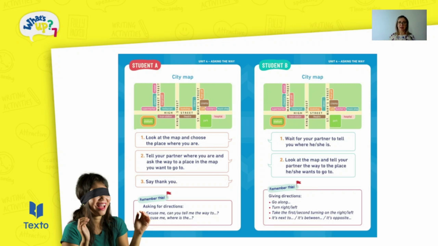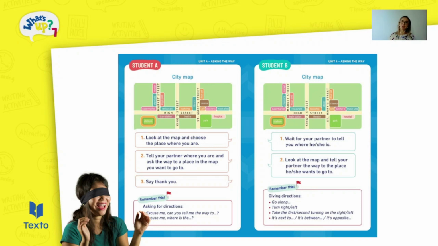Well, at their desks, they're going to write down a different place in town. For instance, the post office, the cinema. One student will have restaurant, the other student will have train station. You'll assign a second student to be the police officer. This police officer is going to guide the student who's blindfolded to their destination.